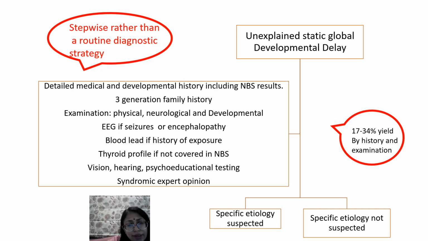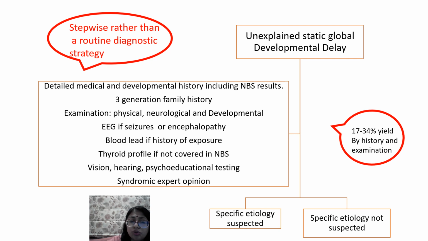Then we do directed investigations. If there are seizures or encephalopathy, we do an electroencephalogram. If there is a suggestive history of exposure to maybe enamel paints or batteries, then we get a blood lead done. If it was not covered in newborn screening, all children should undergo a thyroid profile.